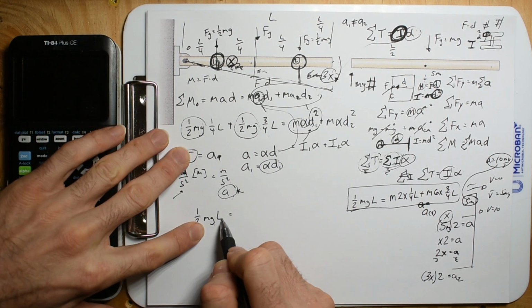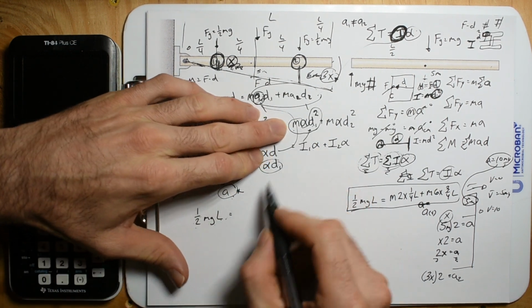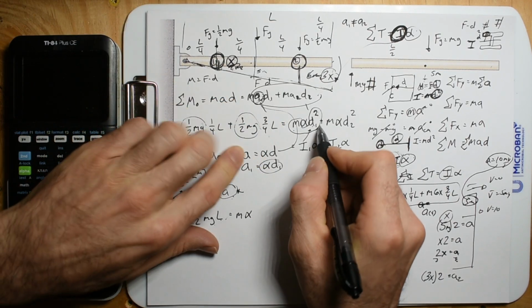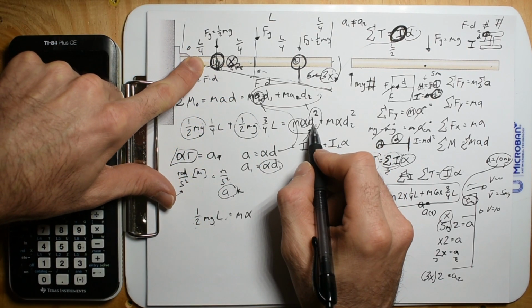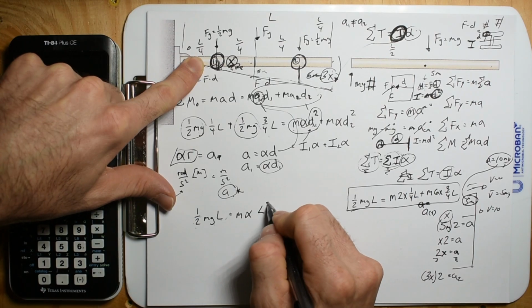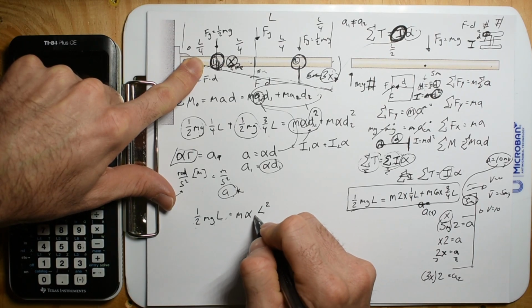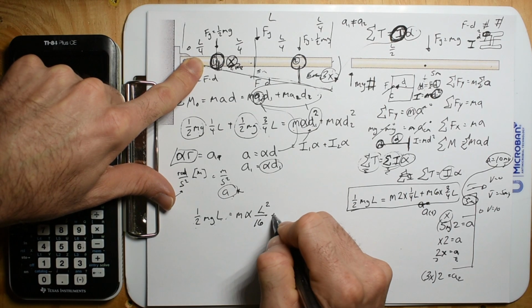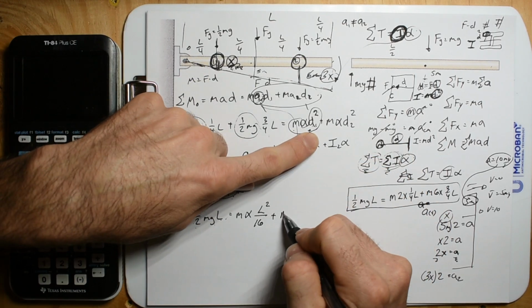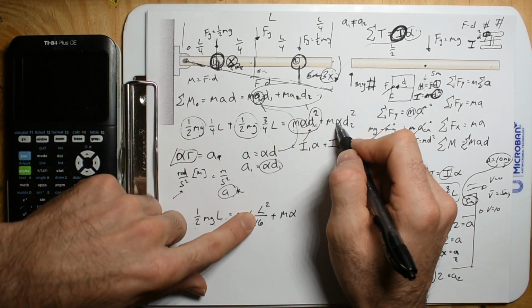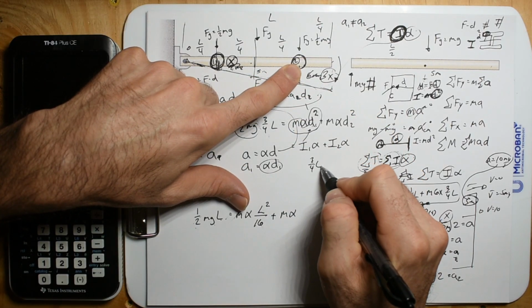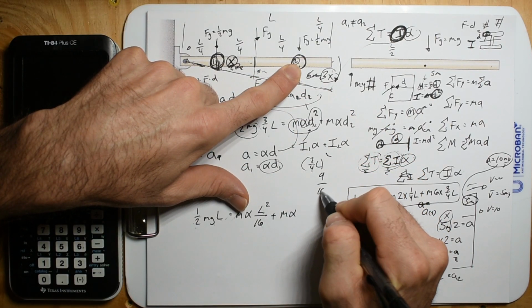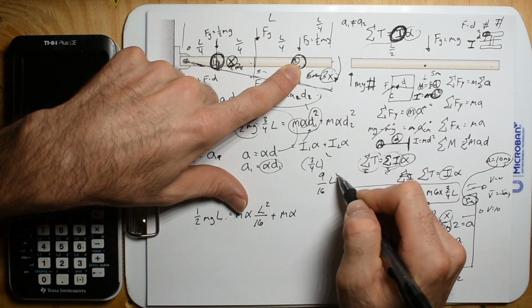So we have 1/2 mgl is equal to mass times the acceleration, and then this is the distance to here. We have L divided by 4, so that's going to be L squared divided by 16 plus mass times the angular acceleration, and the distance to this one is going to be 3/4 L. When we square that, we're going to get 9/16 L squared.